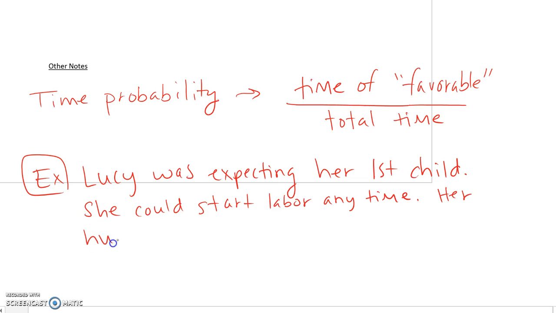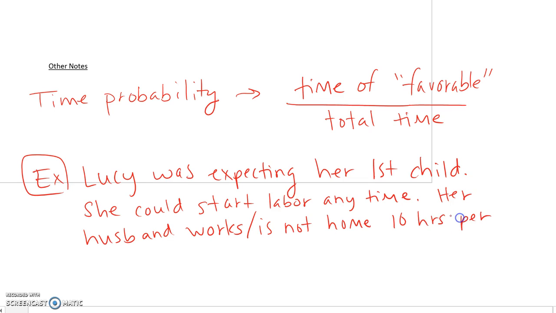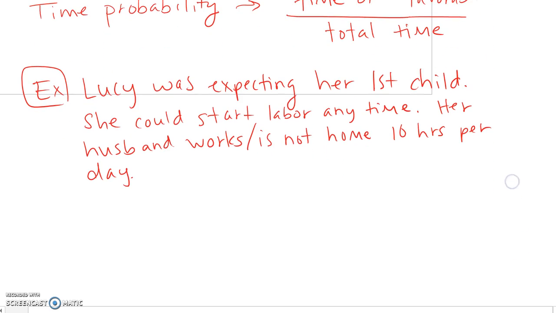Her husband works and is not home between like traveling to and from work. We'll say 10 hours per day. Find the probability.